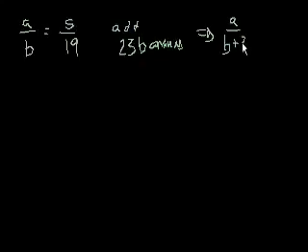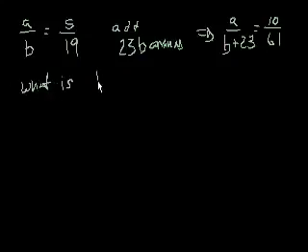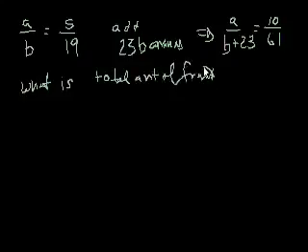We now have 23 bananas more, is equal to 10 to 61. So the question is, what is the total amount of fruit in the basket after adding the bananas?